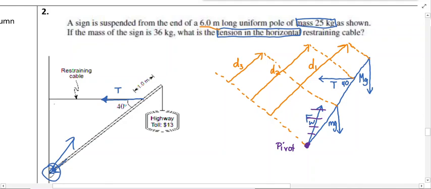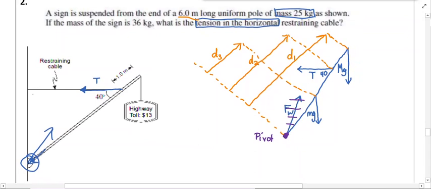Okay, now the next thing that we have to do with our diagram is break up any force that isn't at a 90-degree angle to the beam into components. So let me just grab another color. I'll start with the beam's weight, and we're going to turn it into a perpendicular component and a parallel component.